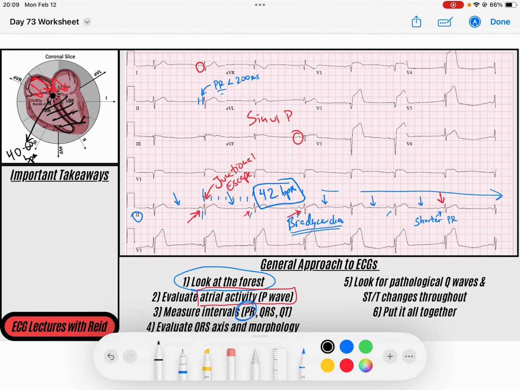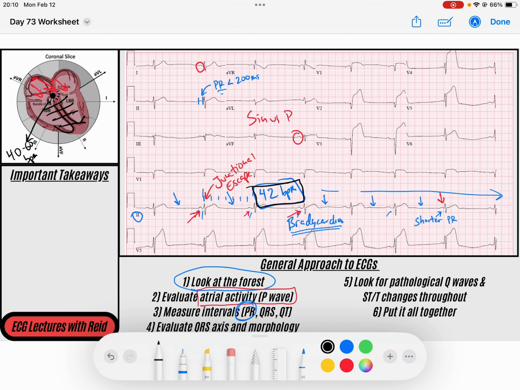And so what we might be seeing here is, because we have such a significant bradycardia at 42 beats per minute, when that sinus rhythm dips down a little bit lower, these junctional escapes occur right before that P wave would conduct to the QRS. And so what's happening is that sinus P wave is essentially getting to the AV node, but before then we've got a junctional escape.